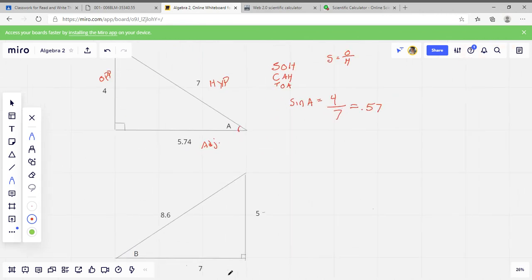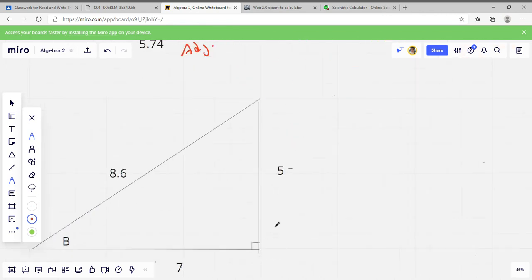This next one, we're supposed to find the cosine, and that's our CAH, so that would be cosine equals adjacent over hypotenuse. All right, so the cosine of B equals adjacent over hypotenuse.